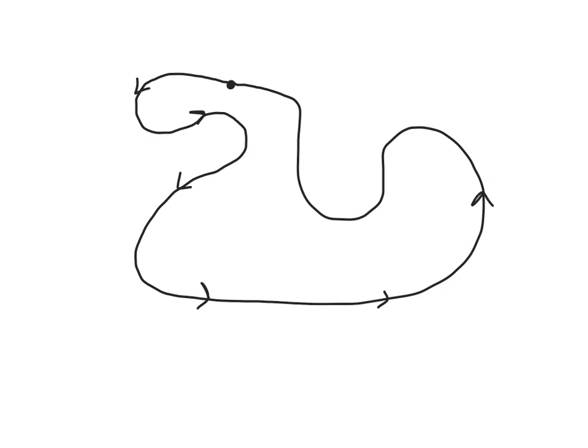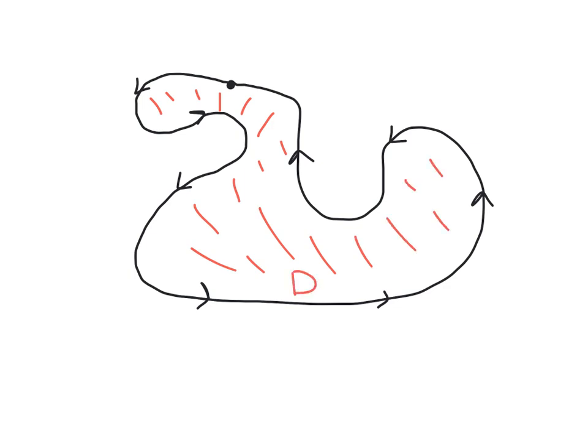I'll draw some arrows along the curve indicating the direction that the curve is traveling. And the region inside the curve is what we are denoting D. So this region all in here is our region D.